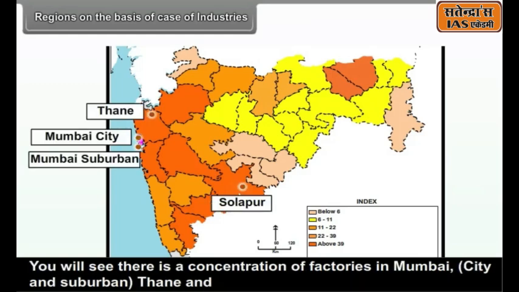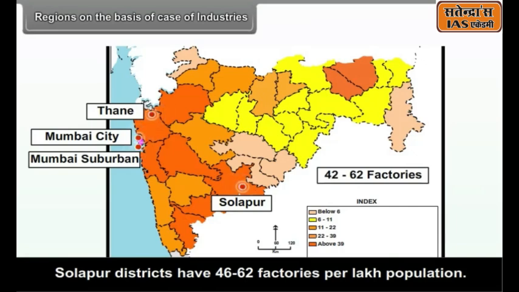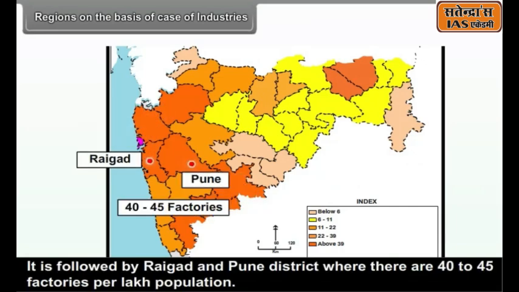You will see that there is a concentration of factories in Mumbai city and suburban, Thane and Solapur districts, which have 46 to 62 factories per lakh population. It is followed by Raigad and Pune districts where there are 40 to 45 factories per lakh population.